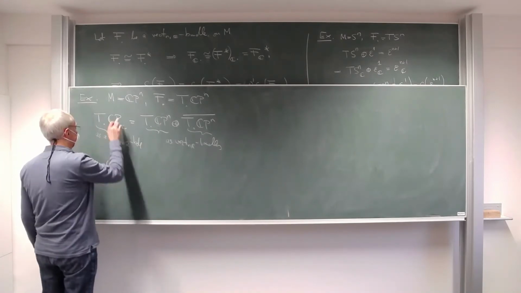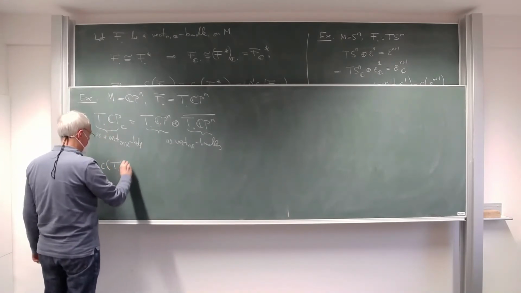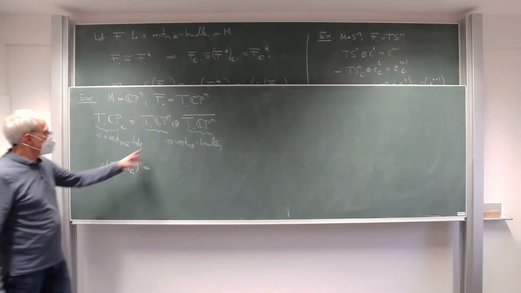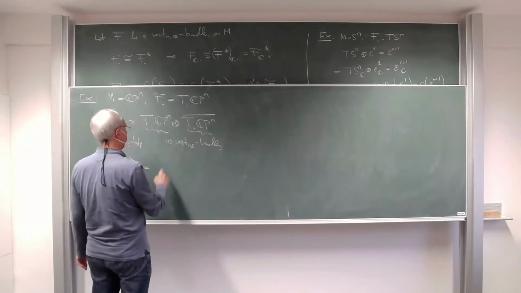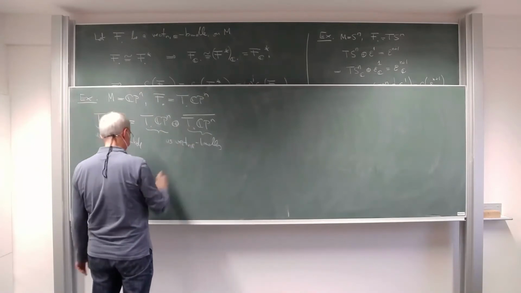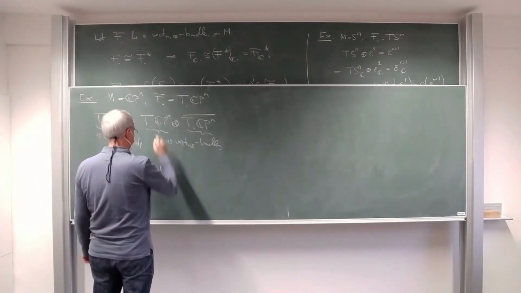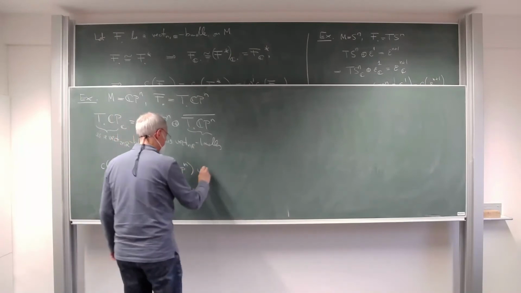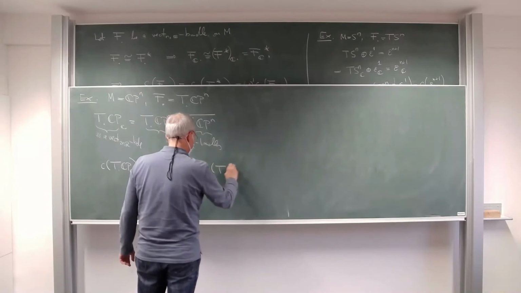So what does this tell us about the Chern class? Well, the Chern class of this thing is the same thing as the Chern class of this sum, and so it's the product of these two Chern classes. So it's the Chern class of this one as a complex bundle multiplied with the Chern class of its conjugate.